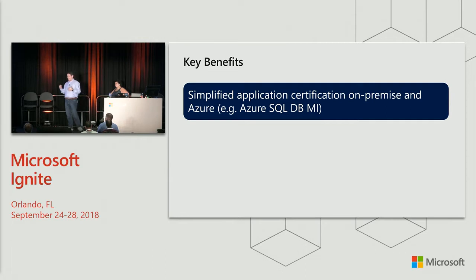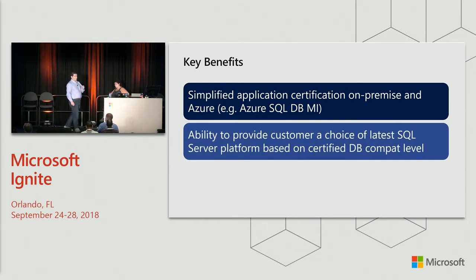For example, if I have a single certification process for my app on dbcompat whatever, then that means that if I choose to migrate my app to Azure DB MI or to a newer version of SQL Server on-premises, as long as I keep that fundamental assumption that I have the same dbcompat, then I'm free to choose my platform, because the engine is the same, like I said.